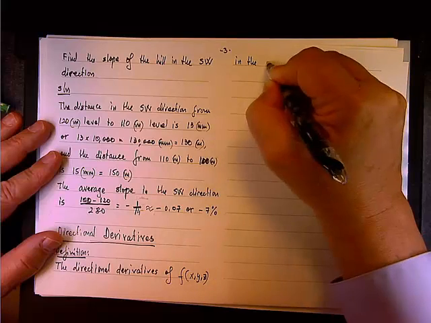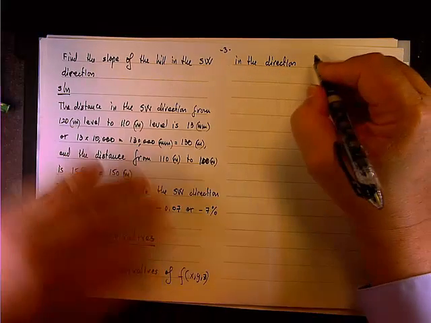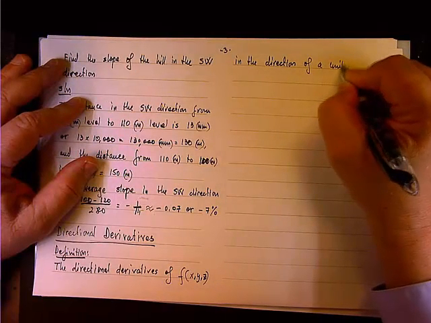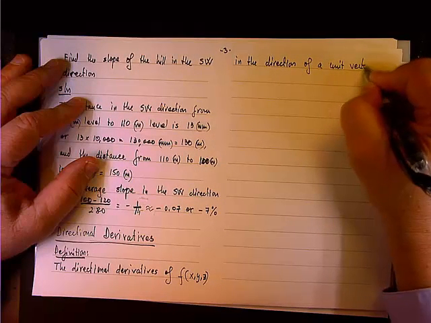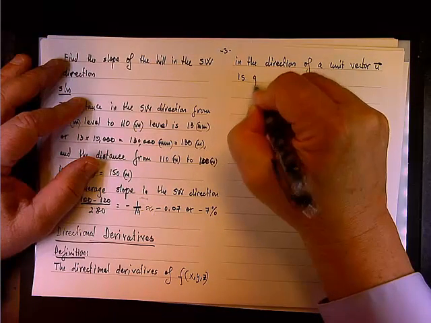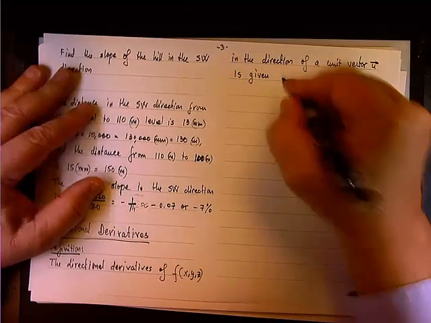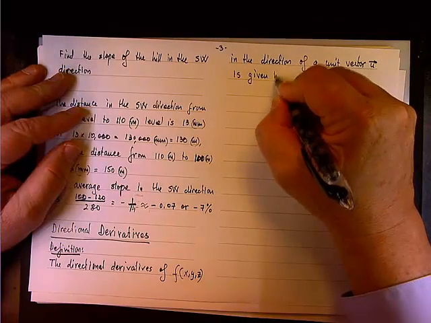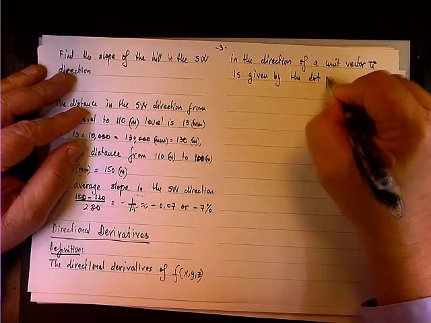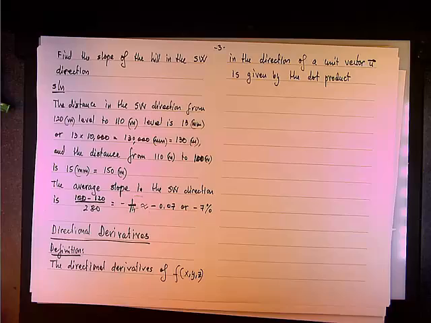So in the direction of a unit vector u, it's given by the dot product. So what is the dot product?